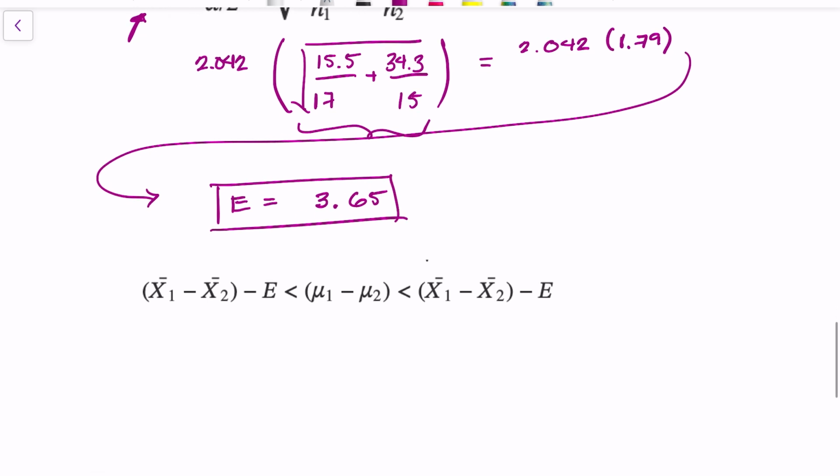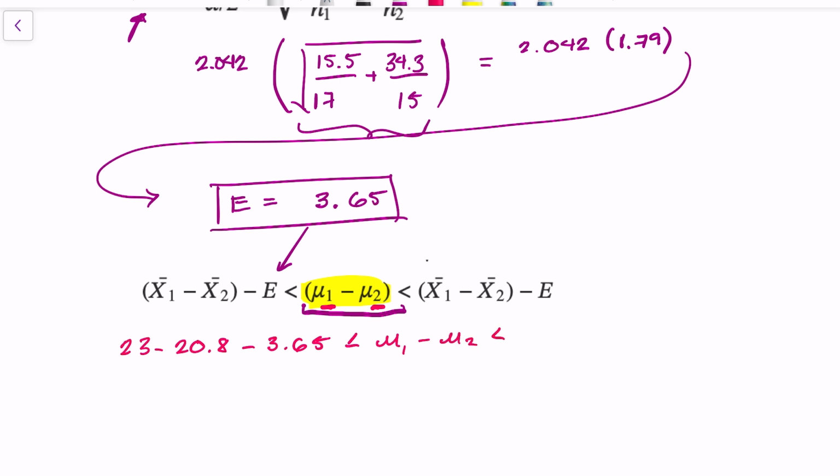And then from here, we can put it into our confidence interval. Notice how in the middle of the confidence interval, now we don't just have a mu anymore. We have mu1 minus mu2. So it's a confidence interval for the difference. Okay, so let's do our little notation. So it's going to be 23 minus 20.8 minus 3.65, mu1 minus mu2.